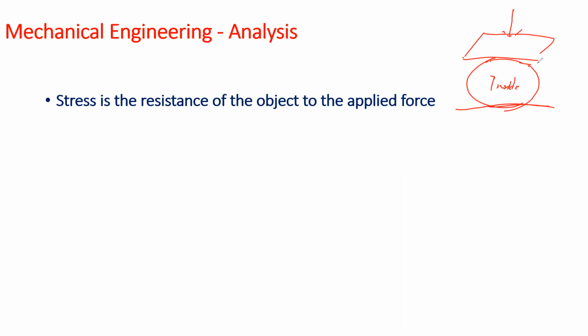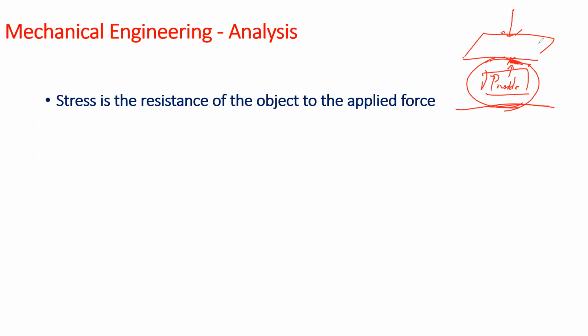The material deforms, and due to that the internal pressure also changes, and the local stresses will also change. So the effective stress here is not just external force divided by area. You'll have to account for the change in pressure, and based on that you evaluate the hoop stress, and that's how you evaluate the stress.